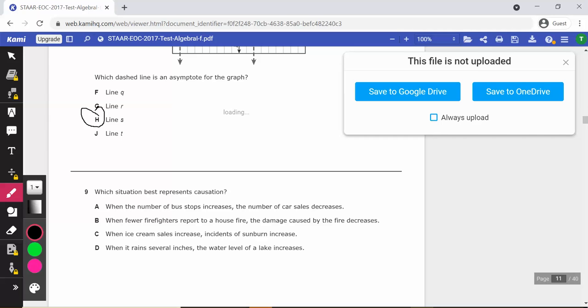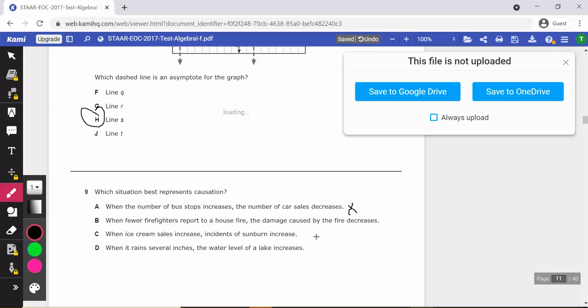Causation is what results from what causes what. So, if the number of bus stops decreases, does that have anything to do with the cars still decreasing? Not really, so you can cross out A. B, when fewer firefighters report to a house fire, the damage caused by the fire decreases.